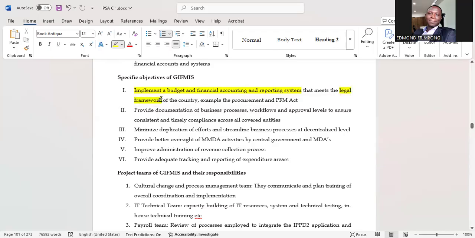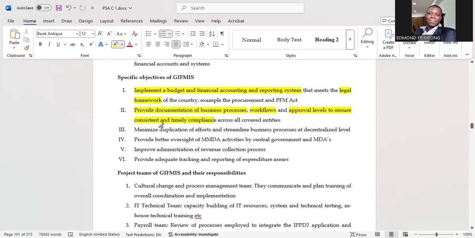So when you think of GIFMIS, think of budgeting and financial accounting and reporting system. Provide documentation of business processes, workflows, and approval levels to ensure consistent and timely compliance across all covered entities.